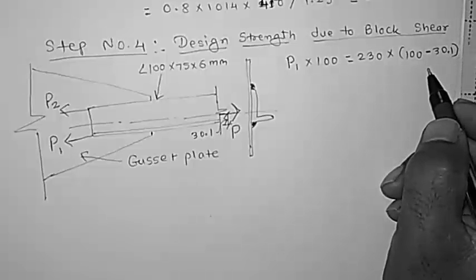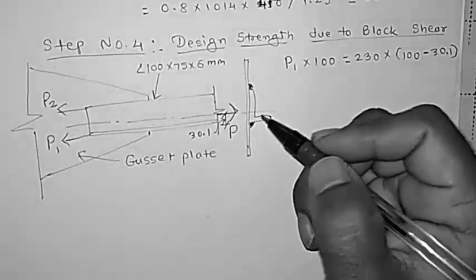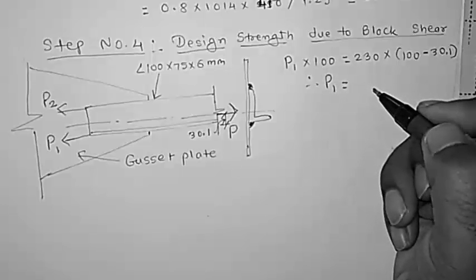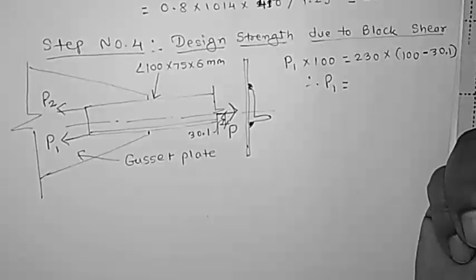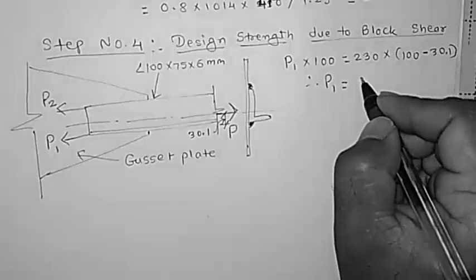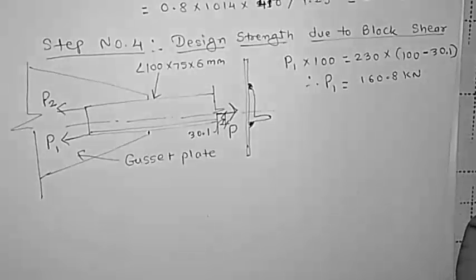What is the distance of this CG? So from here you can be able to calculate P1. And this is 160.8 kilonewton.